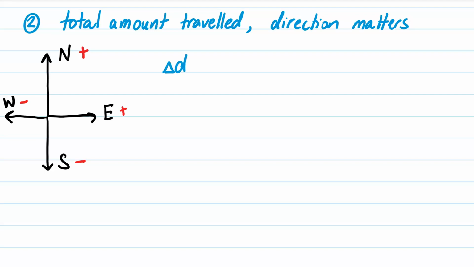We can say that the displacement of our object equals the displacement from the first time it traveled, plus displacement number 2, plus displacement number 3, plus displacement number 4.